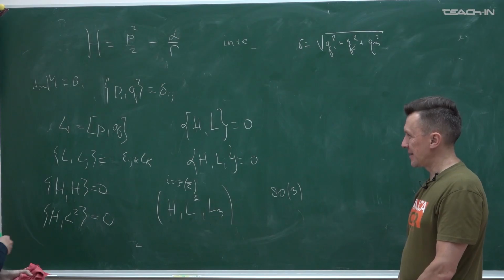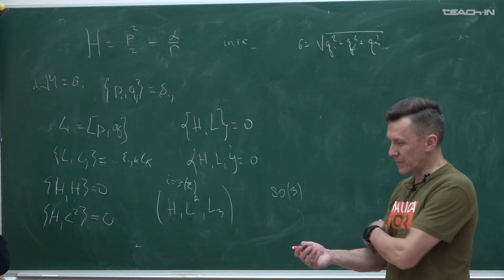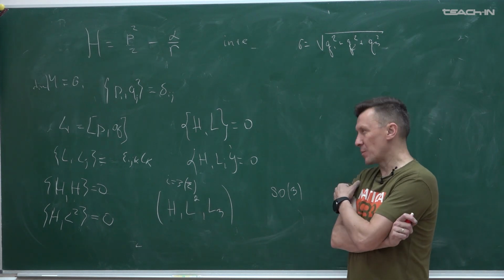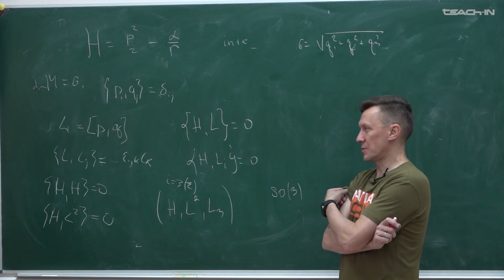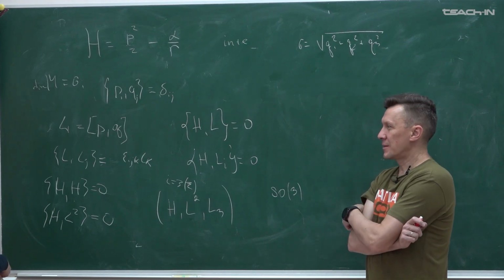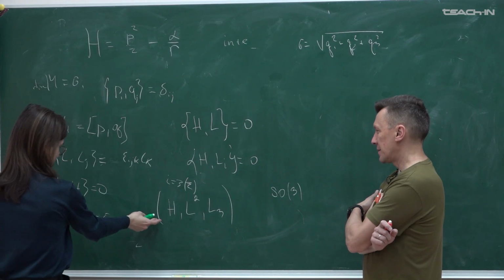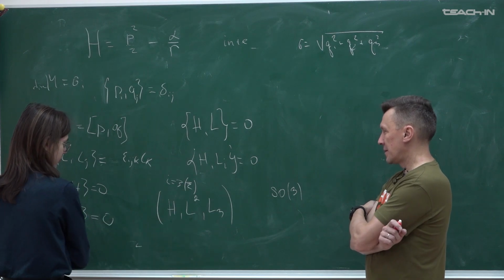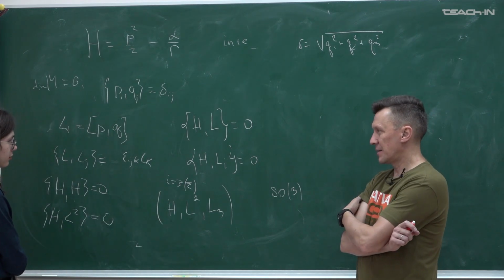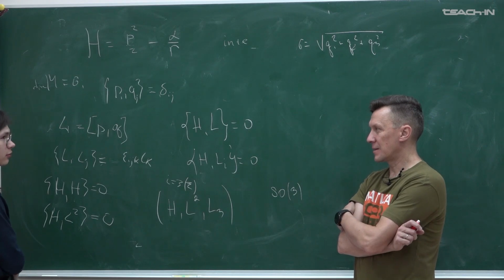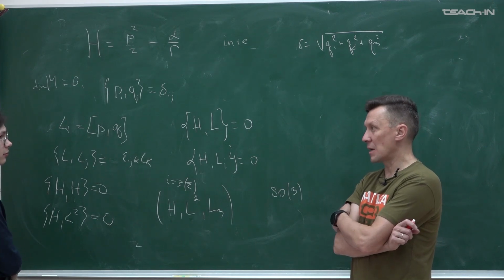What is Liouville integrability? If you have a set of independent integrals in involution. Then yes, because we have a set H, L2, L3 whose Poisson brackets are always zero, so they are in involution.